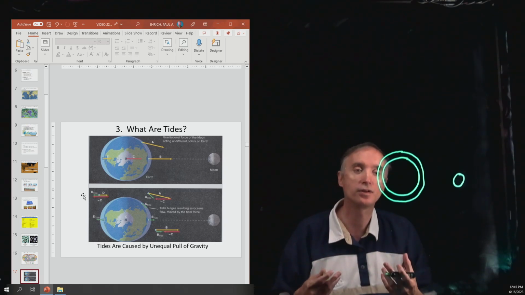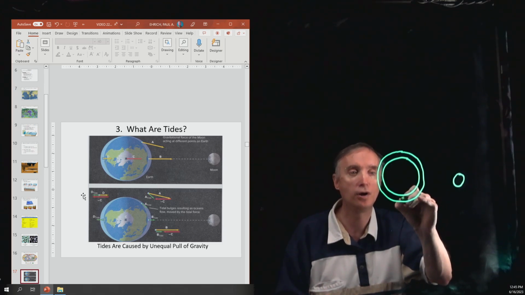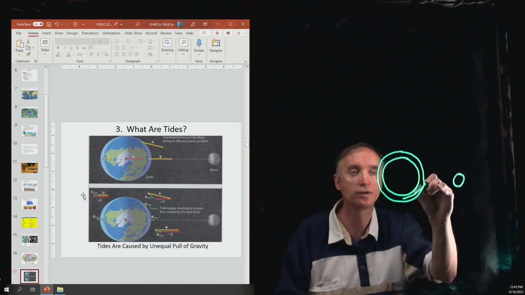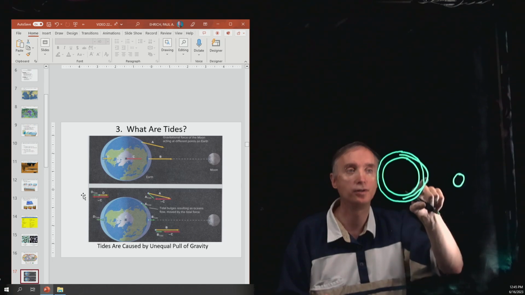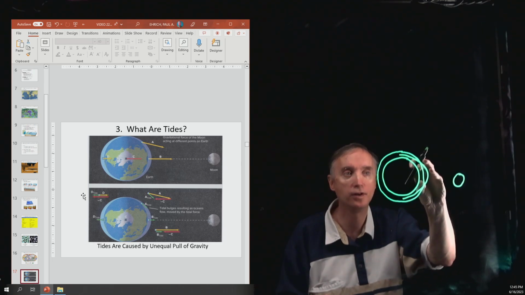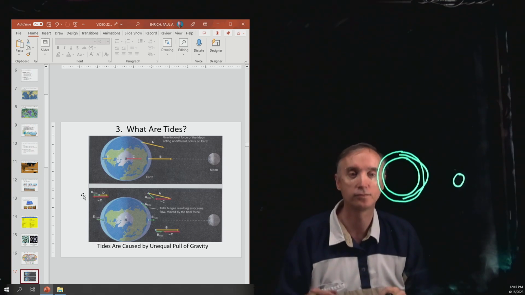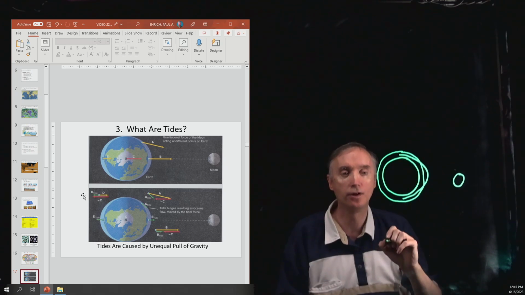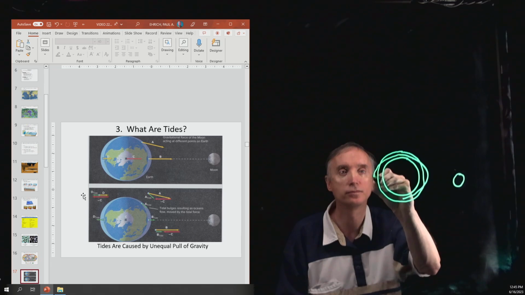All right, so now let's include the effects of gravity. Now this is greatly exaggerated, but you'll notice that this water over here on this side of the Earth is being pulled towards the moon. Hopefully you know that. Now, what you may not know though is that there is another bulge on this side over here.